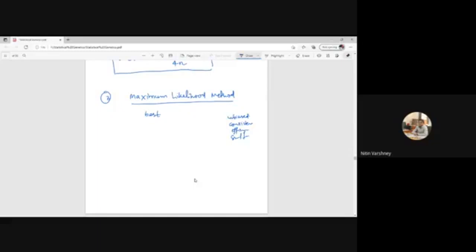So that's why it's considered the best method. If someone asks what is the best method of estimation of linkage, the option is the maximum likelihood method.